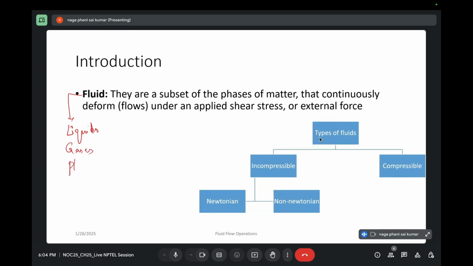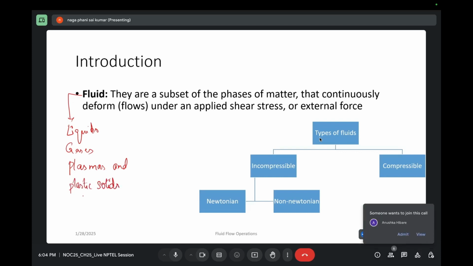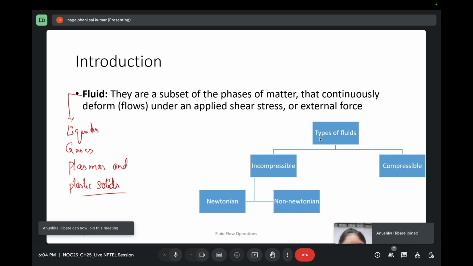Plasma also comes under fluids, and to some extent we also consider plastic solids as fluids.